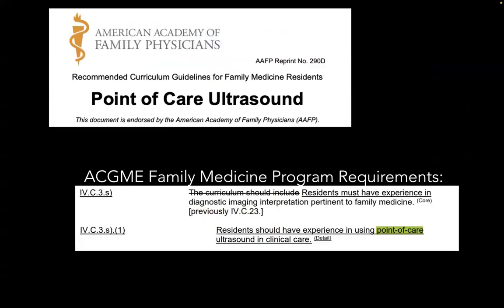A little bit about the family medicine world: POCUS is in the AFP recommended curricular guidelines, which were published more than a few years ago. And most recently, ACGME has specific family medicine program requirements indicating that residents should have experience in using POCUS in clinical care.